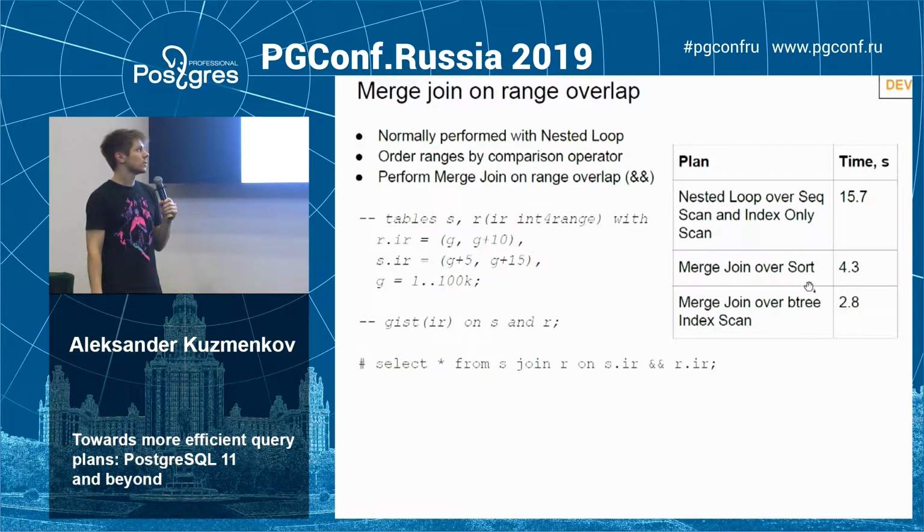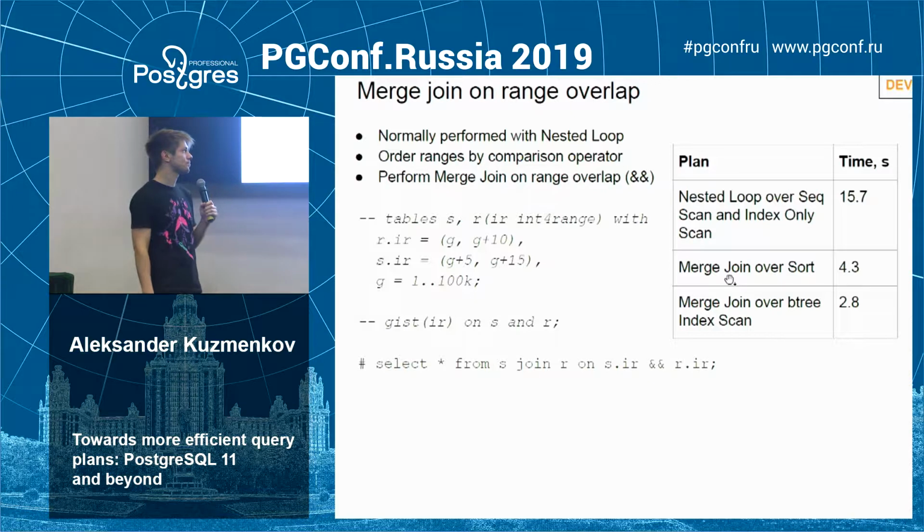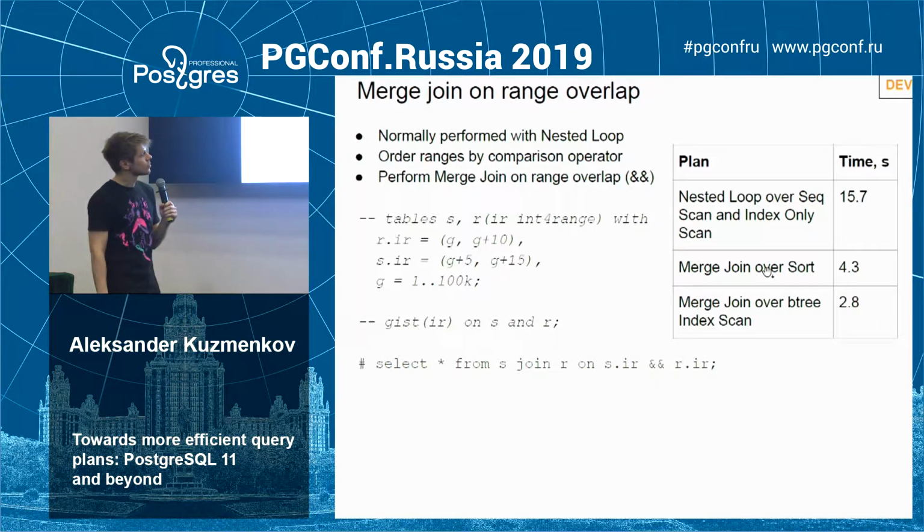It works, but it happens that if we sort these ranges and apply this modified merge join, the performance increases by several times. You can see the figures with merge join over sort. The time is 3 times faster.